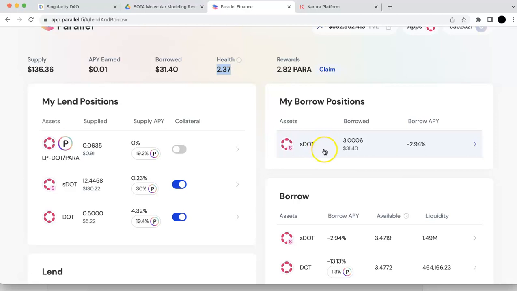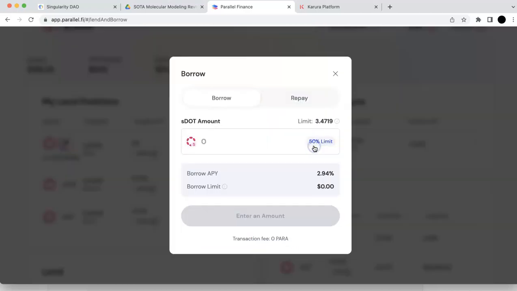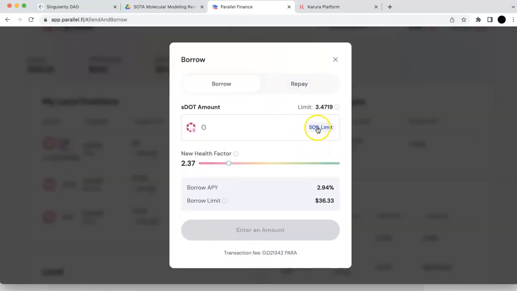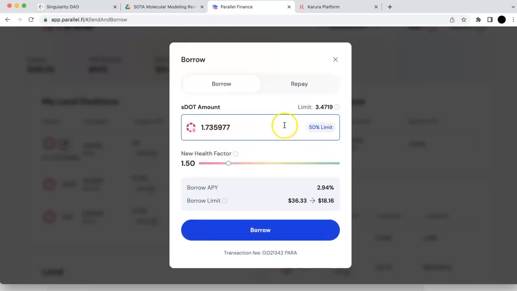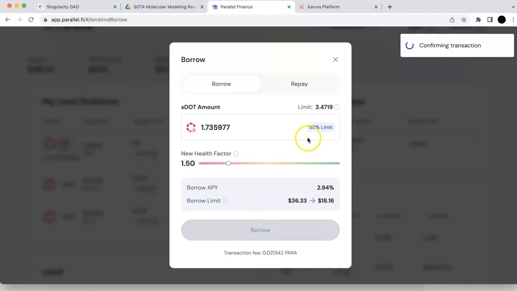It's not happening here because I use the sDOT as collateral and borrow more sDOT. Every time you borrow, there is a 50% limit. So I can just go ahead and borrow this, and you can see the health factor decrease a little bit. You have to make sure it's larger than 1 at least. So I'm going to borrow that.